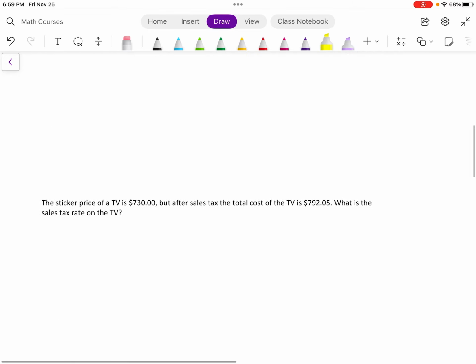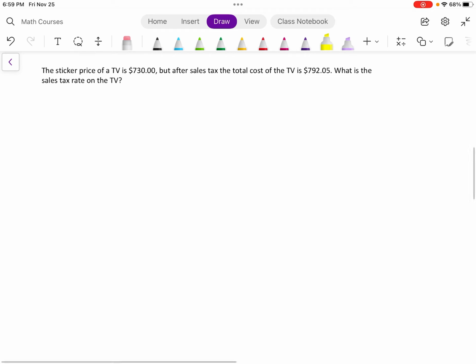The next problem, we're going to look at the sticker price of a TV is $730, but after sales tax, the total cost of the TV is $792.05. What is the sales tax rate on the TV? So this would also be an increase problem because we increased the price from $730 to $792.